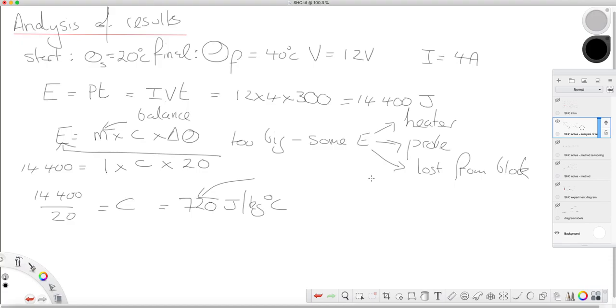Okay, so this figure is too big, which means this figure is too big, or if you like, this figure is too small, which means this is bigger than the true value.